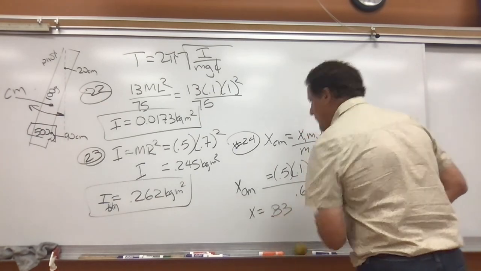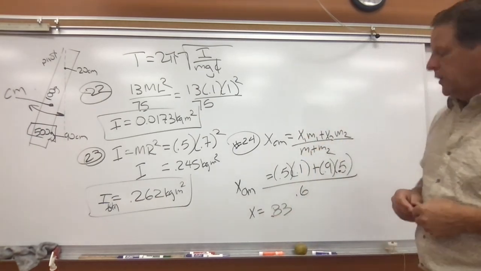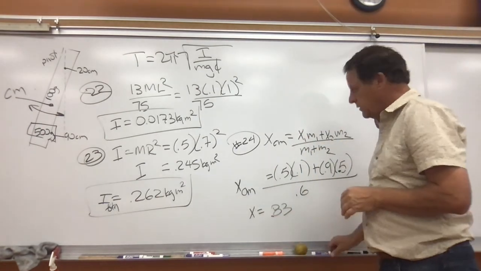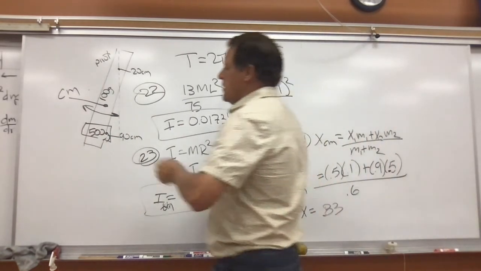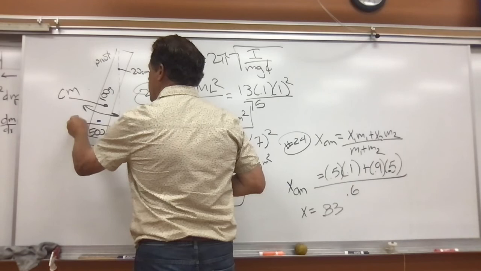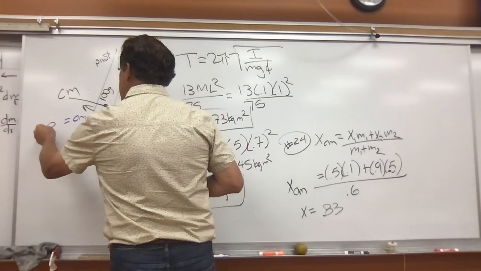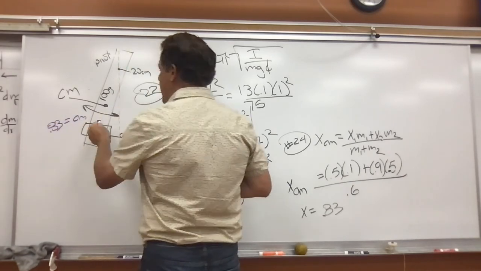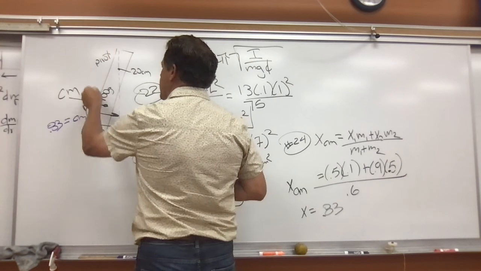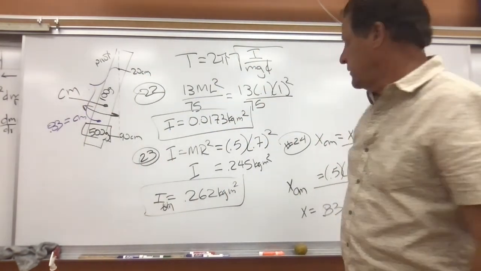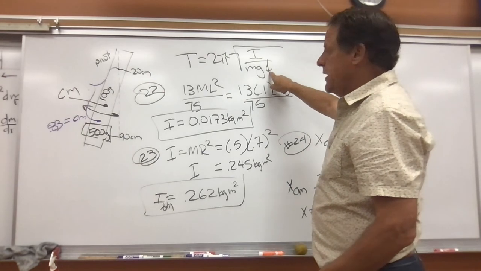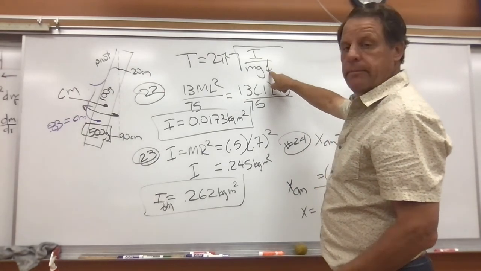0.83. So that is where our center of mass is. And so our center of mass here is at 0.83, and the distance from 0.83 to 0.2 is going to be 0.63. So our D there is going to be 0.63.